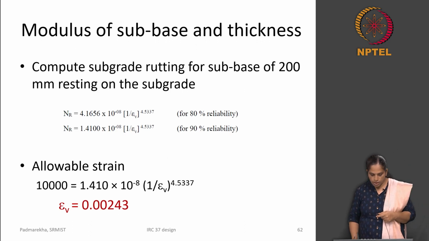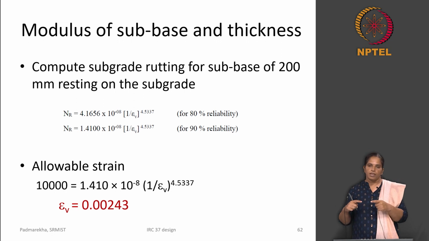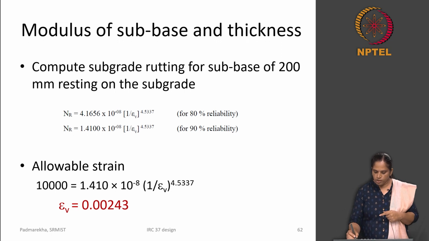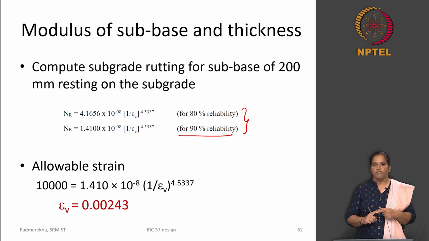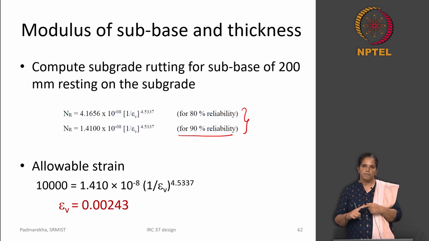So we will use this modulus in the IITPAVE software and compute what is the vertical compressive strain on the subgrade soil. Before computing, we will also use this reliability equation. We will stick to 90% reliability and find out what is the allowable strain for subgrade rutting.